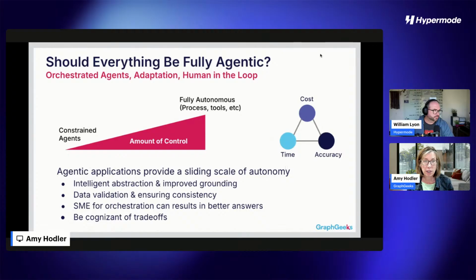So one thing I do want to mention is there's a lot of debate on whether this is really agentic. It's not agentic unless all steps are completely agent controlled. So I think of agentic applications as a sliding scale of autonomy. And so Anthropic defines workflows as systems where LLMs and tools are orchestrated through predefined paths.